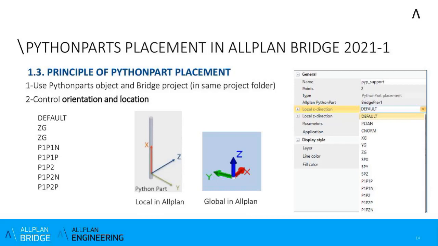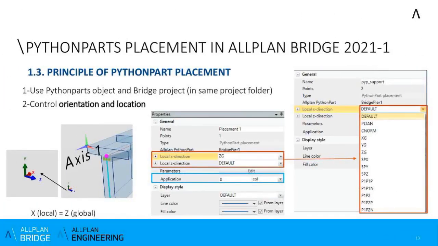You can see this is the coordinate system in Allplan, and before this is the coordinate in Allplan Bridge. It is different a little bit, so you have to focus on this and give the right input.